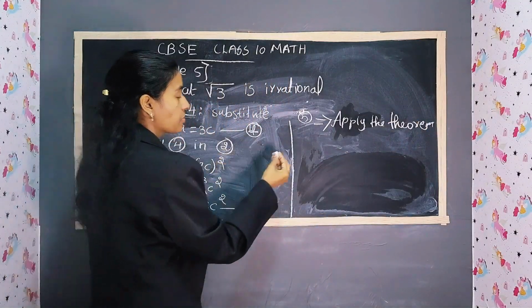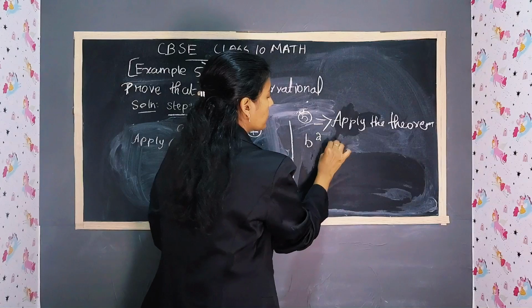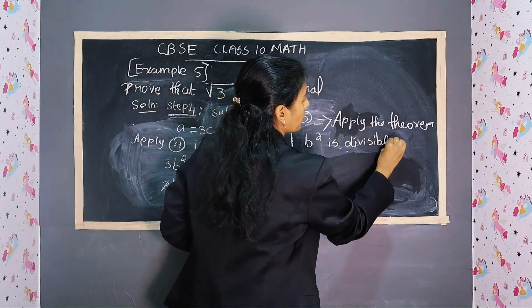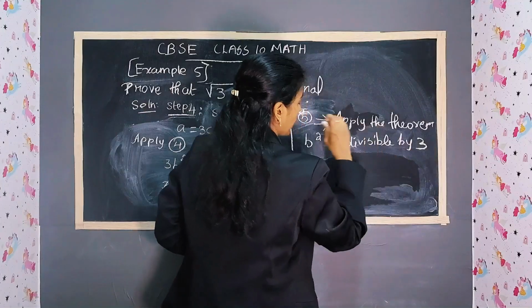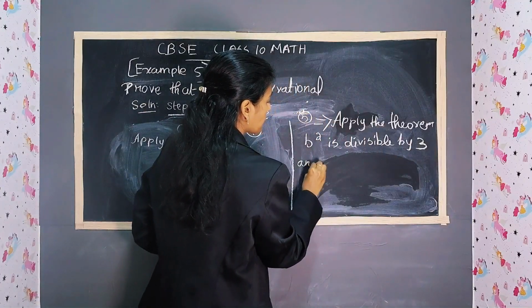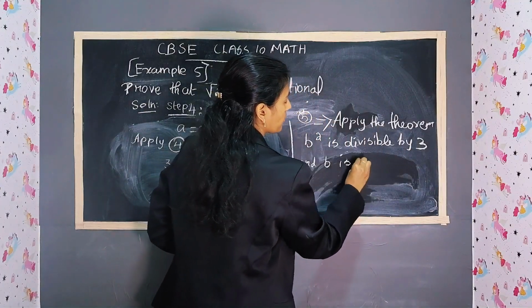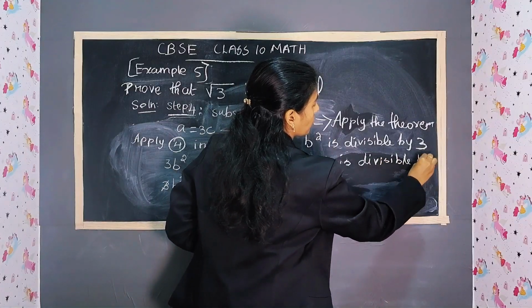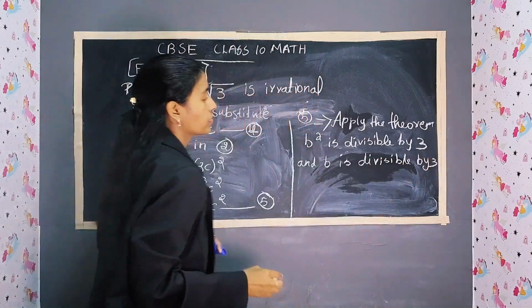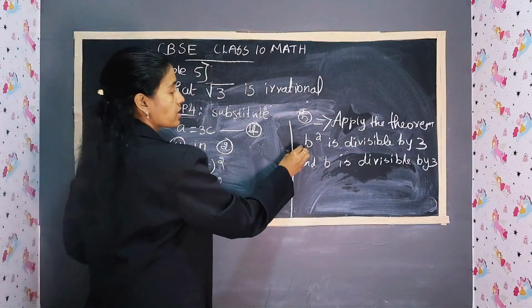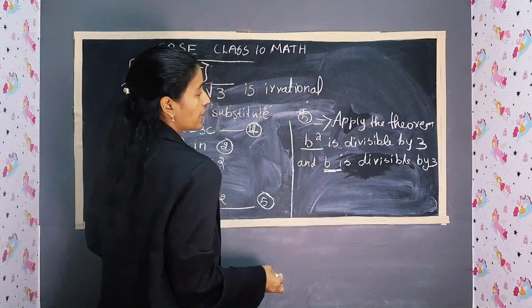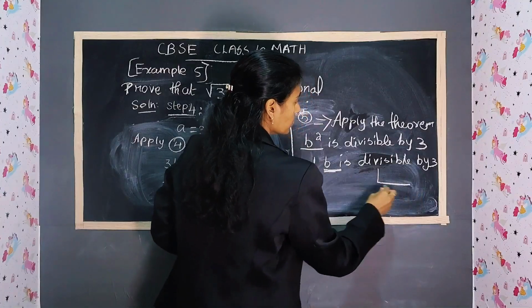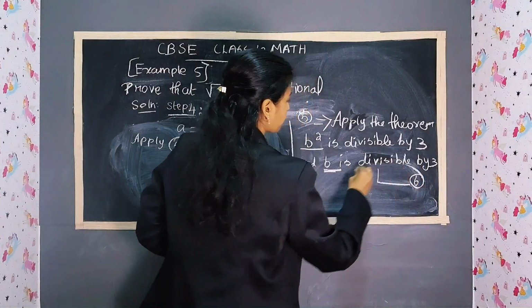What should be the next step? b square is divisible by 3, and b is divisible by 3, right? This is equation number 6.